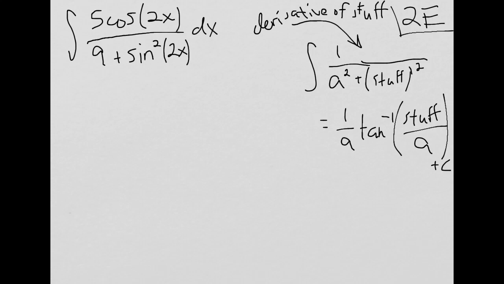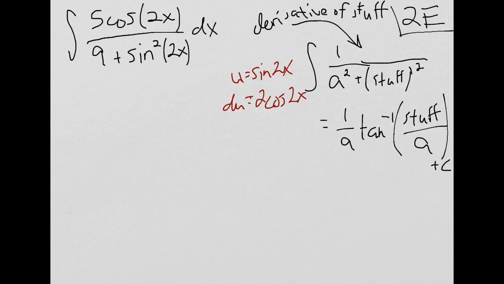So I'm going to do some u sub, and the u is kind of like the stuff. So I'm going to let u equal sine 2x, du equals 2 cosine 2x.